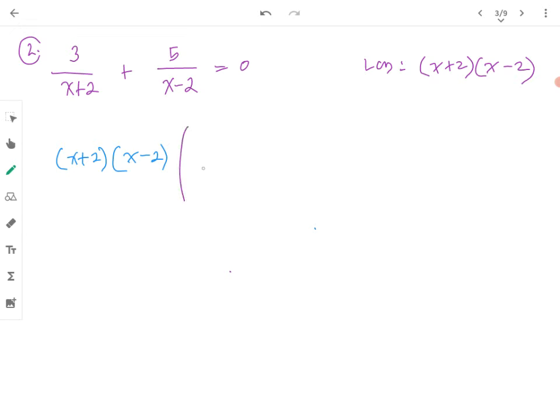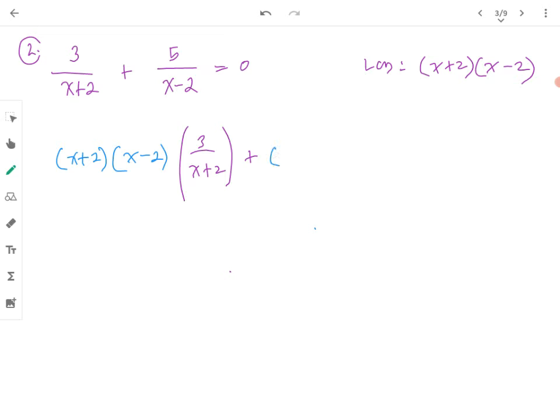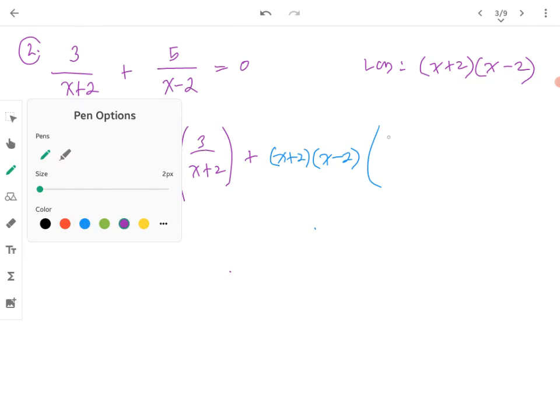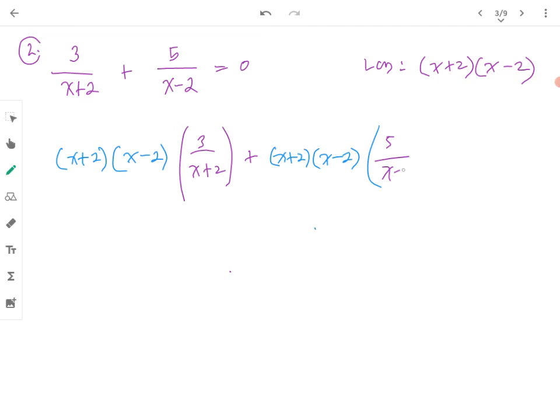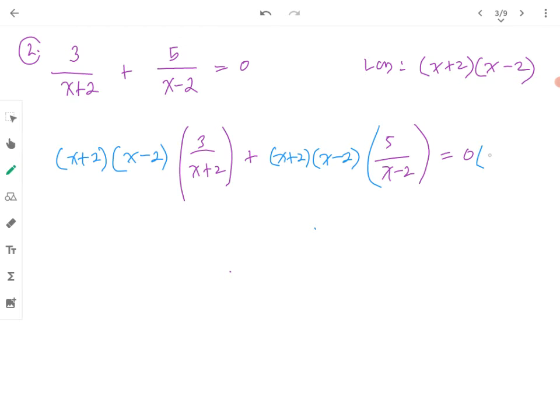times 3 over x plus 2 plus the LCD again, times 5 over x minus 2 equals 0 times the LCD. So notice that each term is multiplied by the LCD.